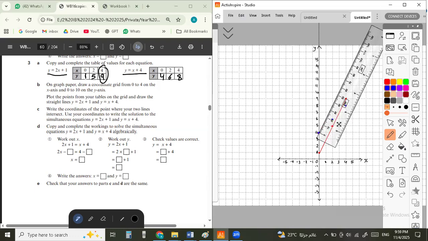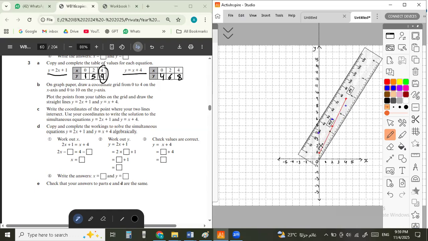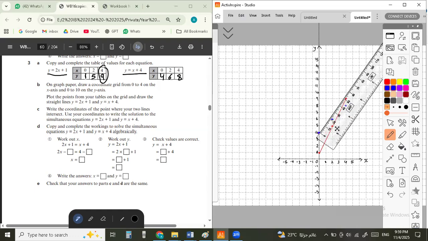Just a second. Well, definitely it is going to be much easier when you handle it using a real ruler. Here we go. Now let's connect. Done, mister.